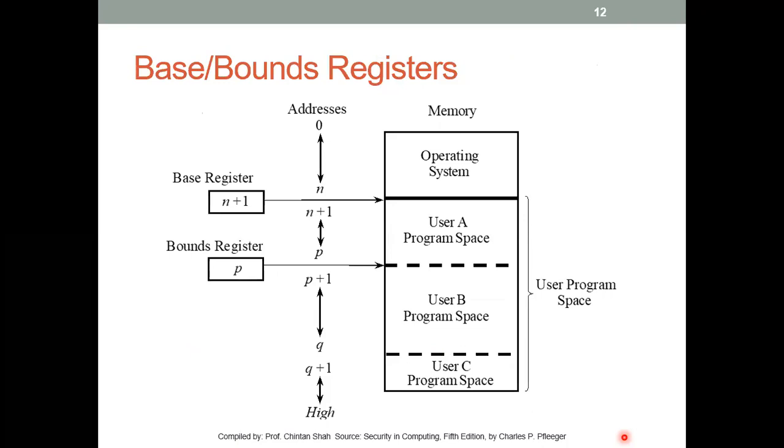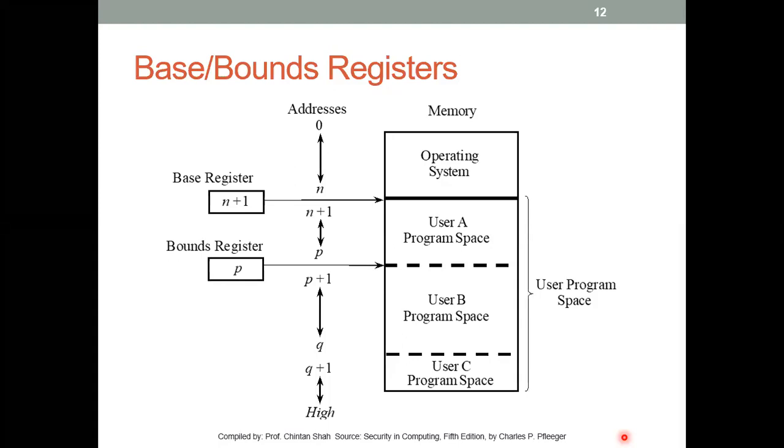Now, what difference do you find here in case of base bound register? Just look at the figure and then tell me what is the difference. Yes, correct. User space itself is divided. Very good, Gokul. So user space here is divided.